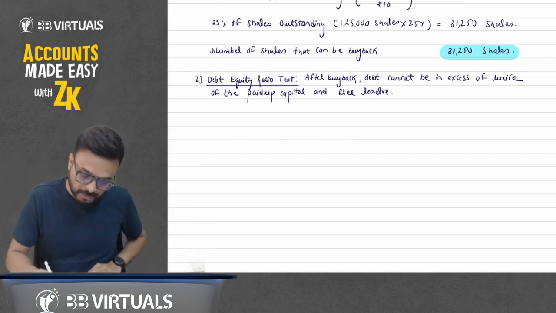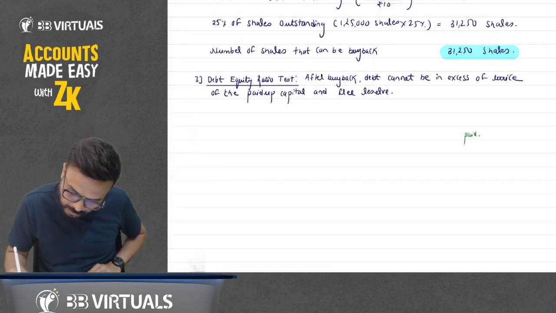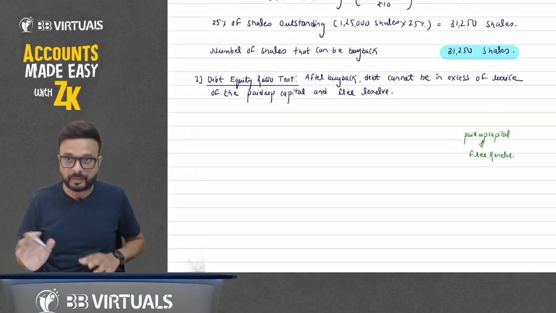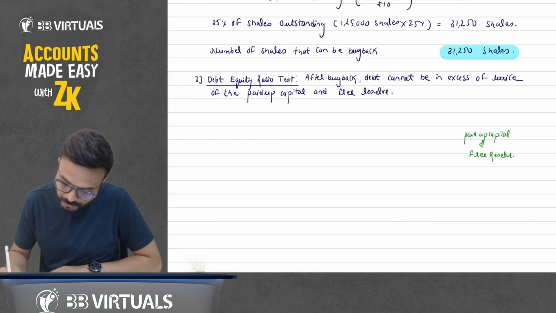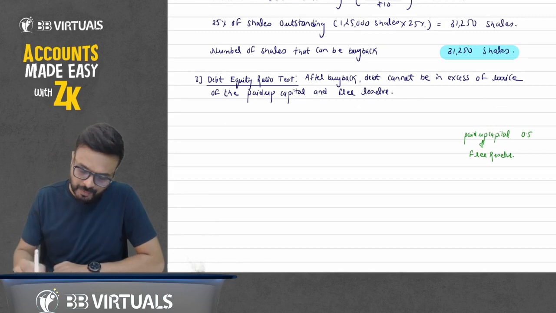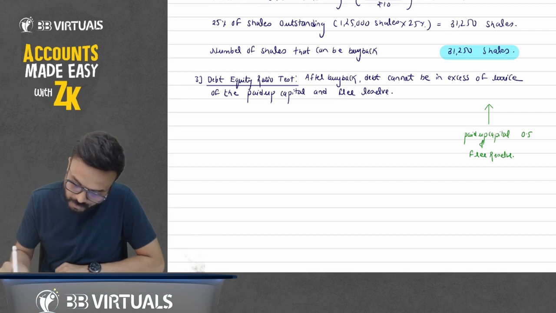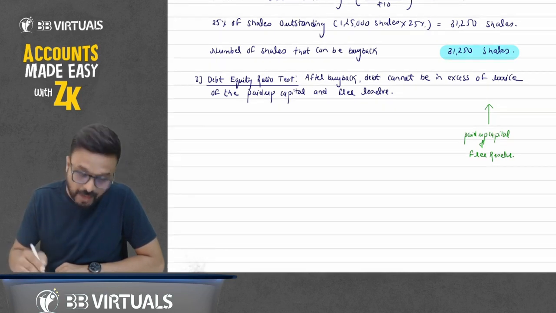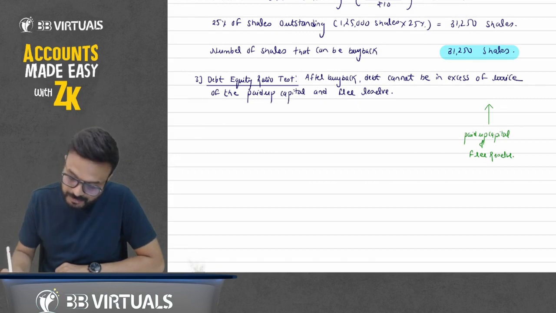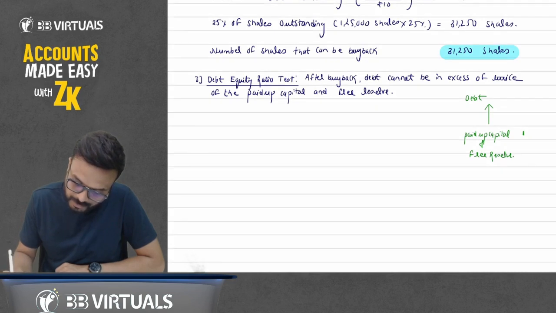For example, suppose after buyback your paid up capital and free reserve is 0.5, then your debt cannot be more than 1. To make it simple, if the paid up capital and free reserve is 1, the maximum debt cannot be more than 2.